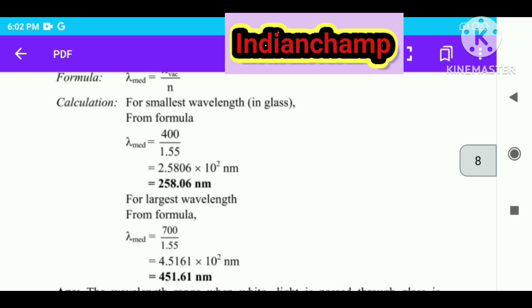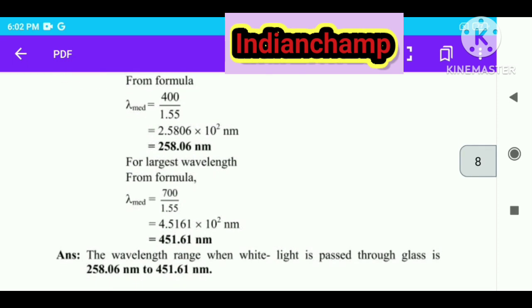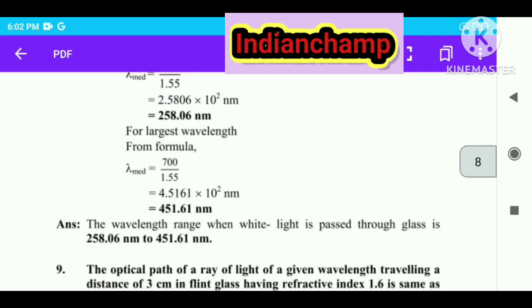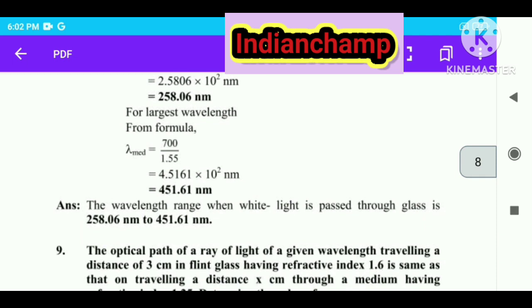For the largest wavelength, lambda medium is equal to 700 divided by 1.55, which is 4.5161 into 10 raised to 2 nm, equal to 451.61 nm. The wavelength range when white light is passed through glass is 258.06 nm to 451.61 nm.